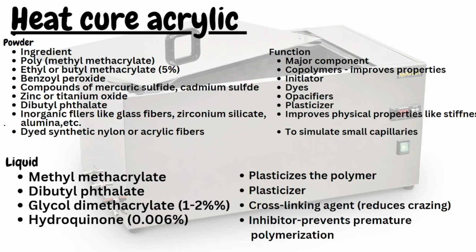So, functions of these ingredients are given as follows. The polymethyl methacrylate is the major component, that is the polymer of the heat cure acrylic resin. Ethyl or butyl methacrylate acts as copolymers. It improves the properties of the resin formed, and these are used in formation of cross-linking in the heat cure acrylic.